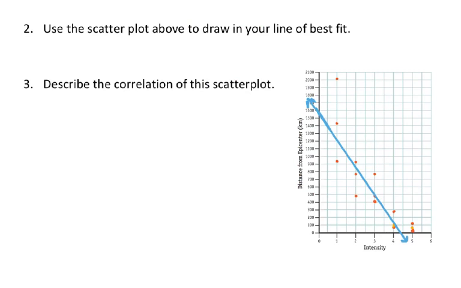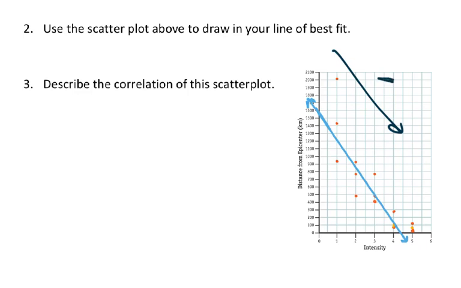So we've drawn in our line of best fit, and now we're being asked to describe the correlation. One of the ways that we know how to describe a correlation is by talking about the slope. And we know that when a slope looks like this, it is a negative slope.